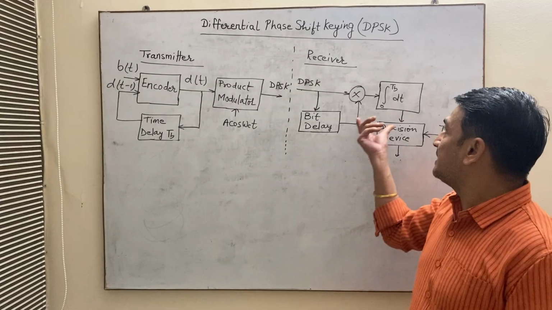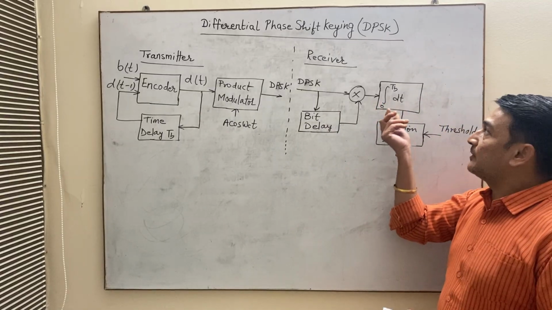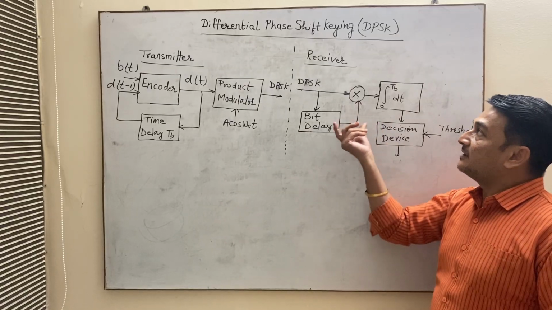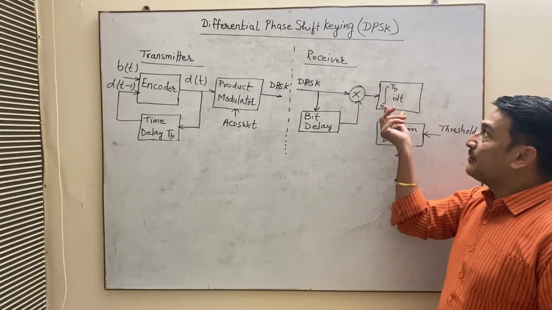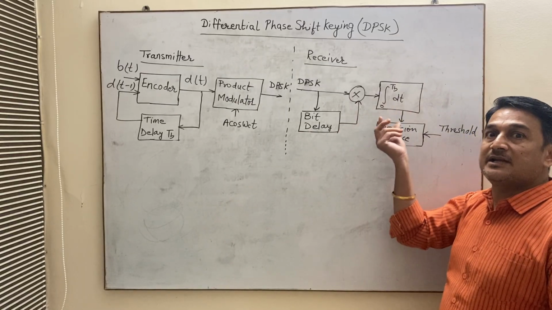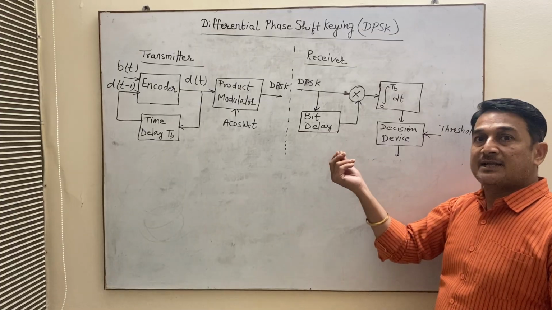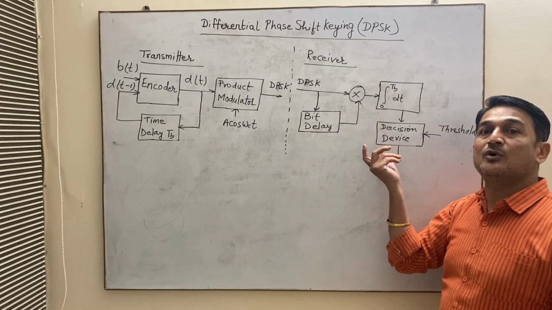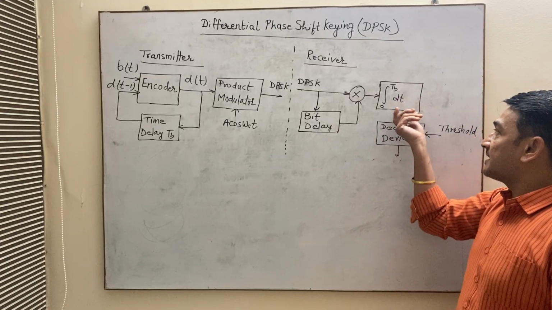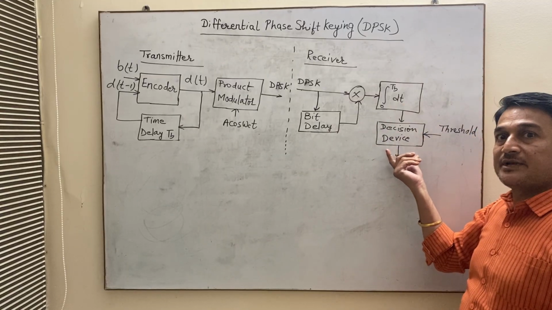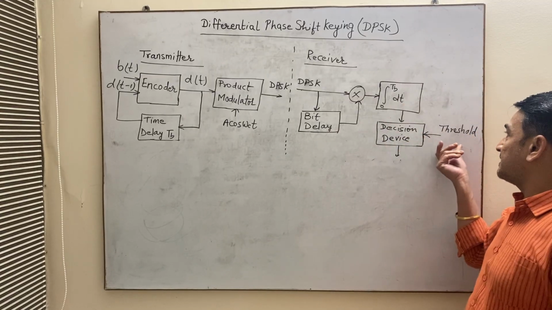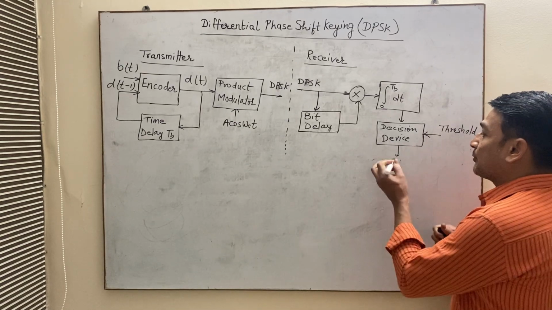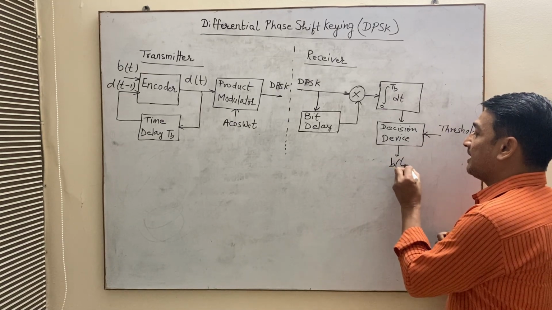In addition, it gives the output with a bit duration of TB seconds, so it maintains the bit duration of TB seconds of the received input signal. This signal is then given to the decision device, which decides the output. This output is basically binary data BT.